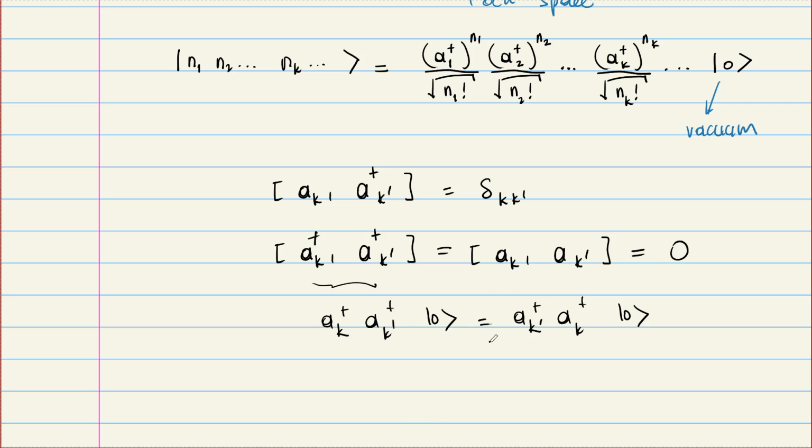This is like a bosonic exchange. That's why we call this bosonic quantum fields. This is all we need to know to do the calculations. We just keep track of commutations. These are what we call canonical commutation relations.